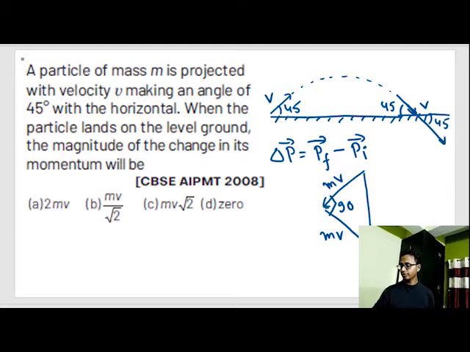Now if we apply a little bit of common sense, the hypotenuse of this triangle will be the square root of mv squared plus mv squared, which gives us mv root 2. So final momentum minus initial momentum would be our option C.